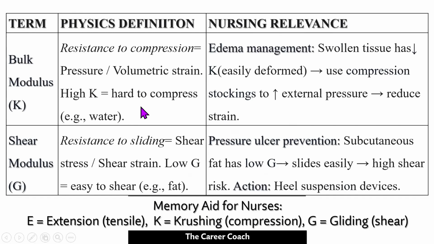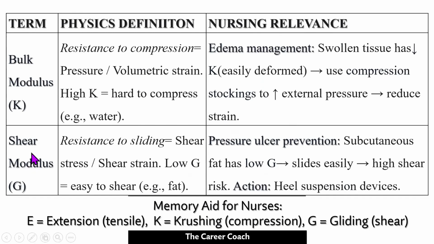Example, water. Nursing relevance. Bulk modulus is relevant in edema management. Swollen tissue has reduced bulk modulus, which makes it easily deformed, resulting in the use of compression stockings, which will increase external pressure, leading to reduced strain.